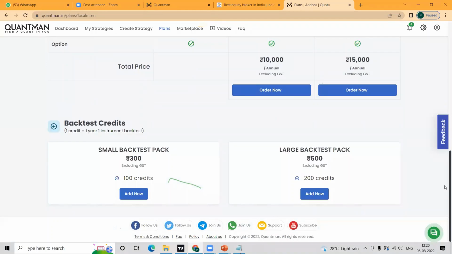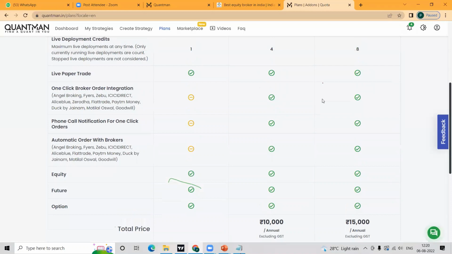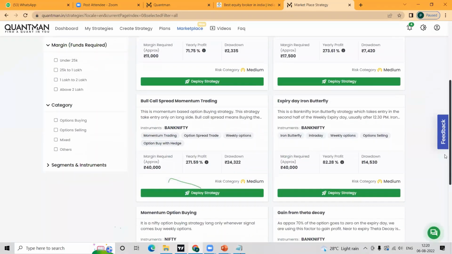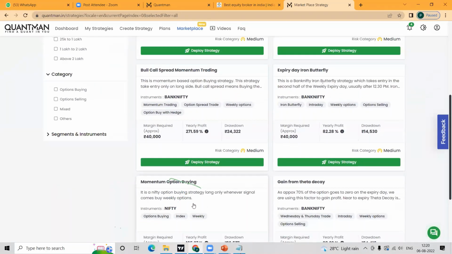I have a question, sir. You explained a buy strategy, is it present in QuantMan? In the marketplace we have a lot of buying strategies. Similar kind of logic is being used, momentum options buy.